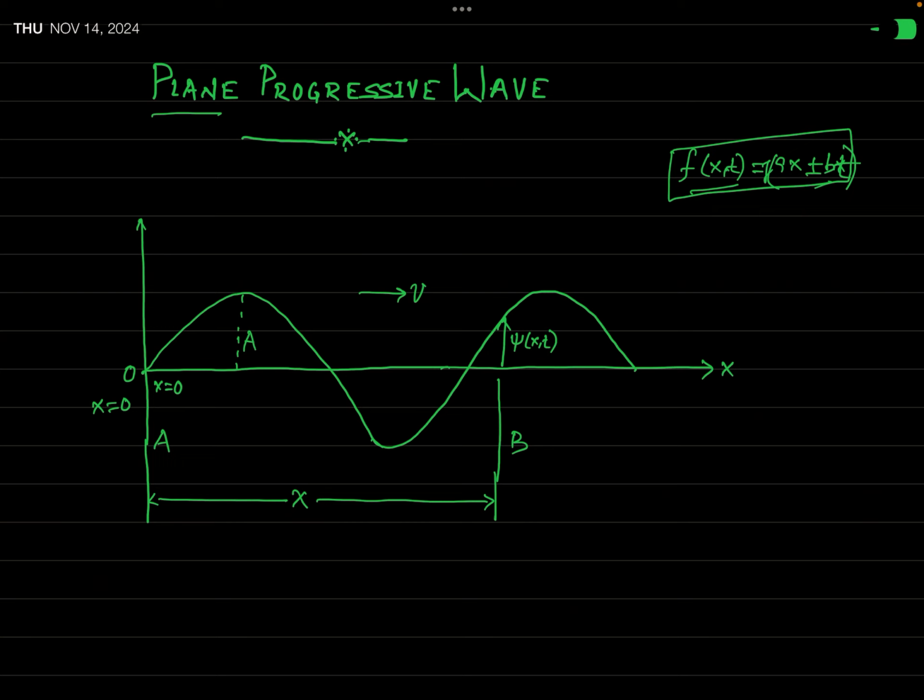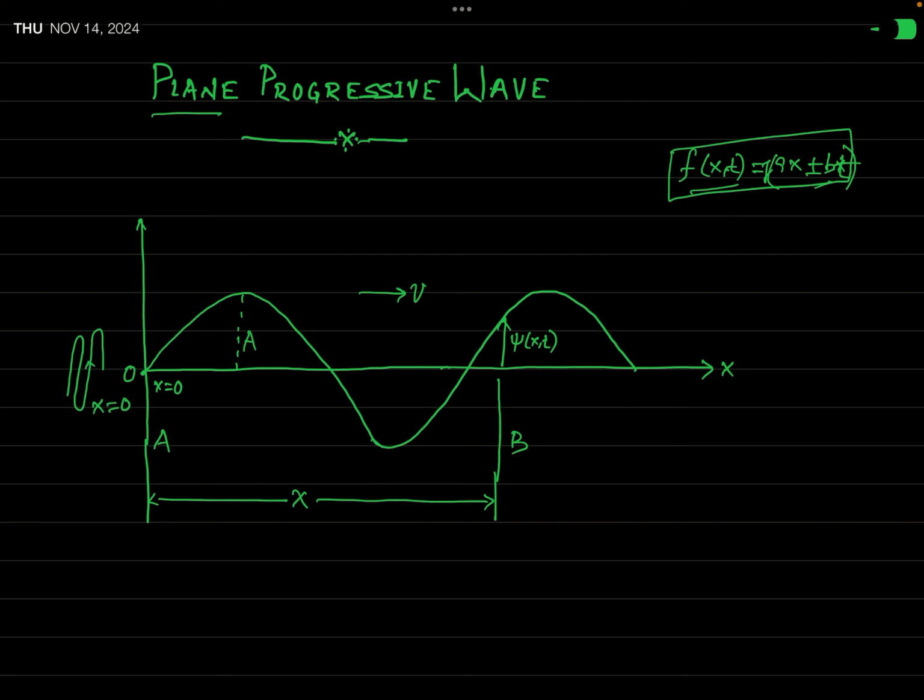We disturb this particle in a harmonic manner, or let us say, you provide a simple harmonic motion to this particle located at x equal to 0, so that this particle starts oscillating in a direction perpendicular to this x-axis. It means you are providing a transverse oscillation to this particle. Okay?